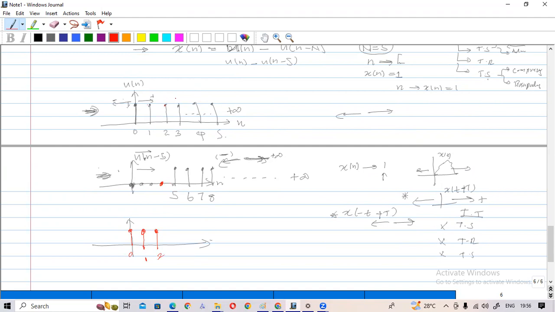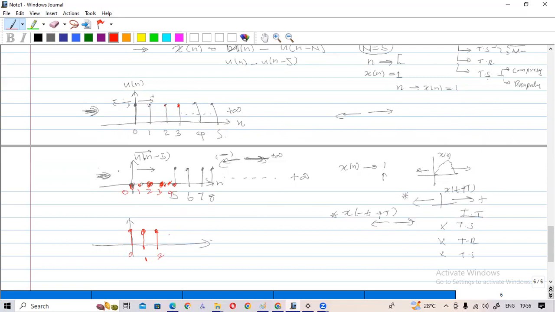For the third, 1 minus 0, again 1. So this is 0, 1, 2, 3, then here it will be 4, then 5.